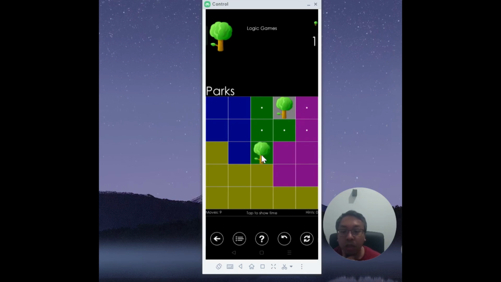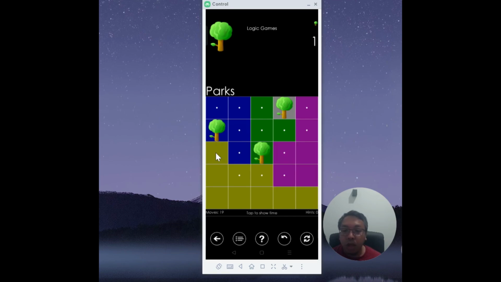So we can remove other tiles. And don't forget that there is exactly one tree on each row and column. So on the first row, there is no more tree. For the blue part, the available tile is here.